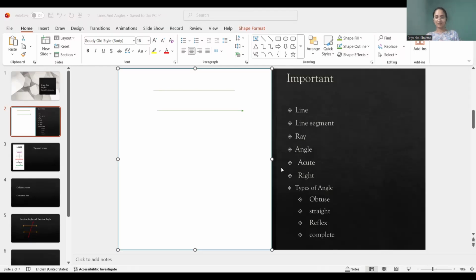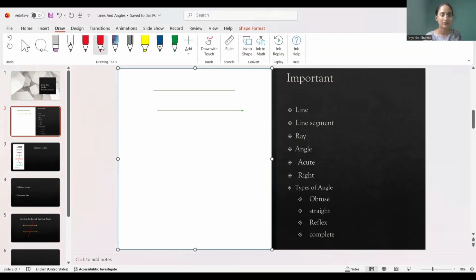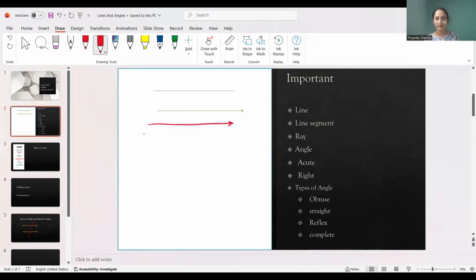If I want to draw it, it looks like this. It has some length, but it doesn't have breadth. So it is called a line.